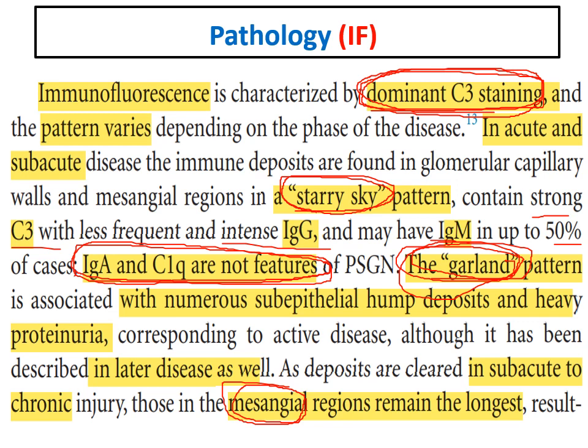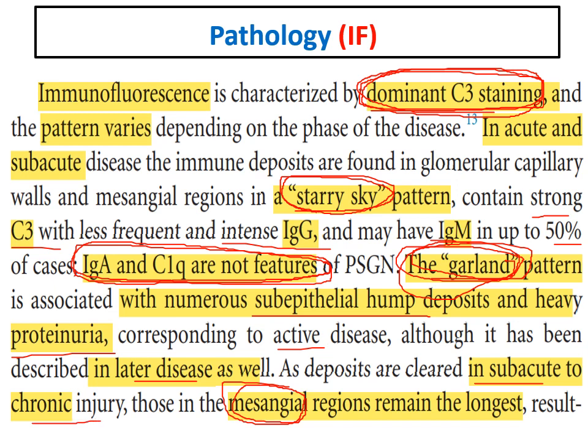What about the garland pattern? It usually occurs when there are numerous subepithelial deposits and heavy proteinuria. Starry sky can occur in acute and subacute disease, while garland can occur in active and later disease. The mesangial pattern usually occurs when there is clearance of the deposits, in subacute and chronic injury.